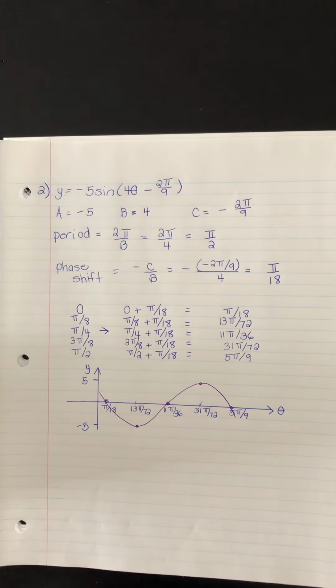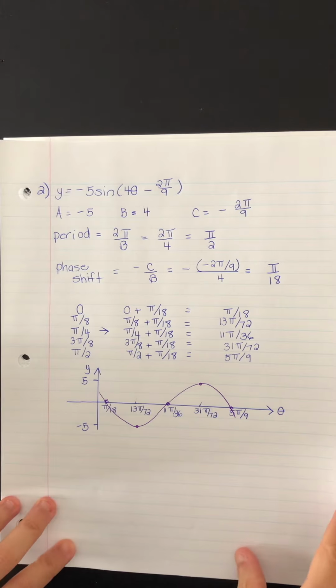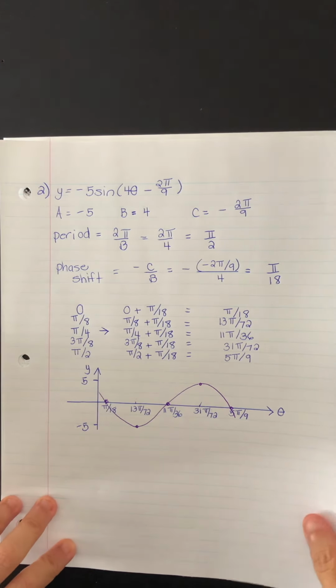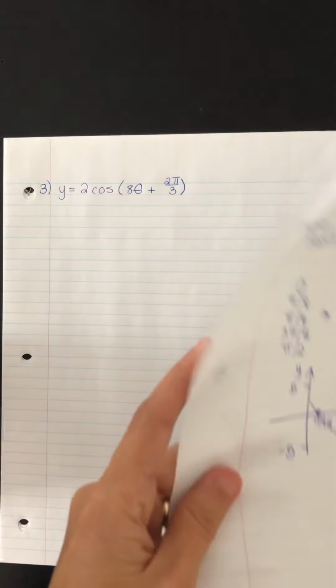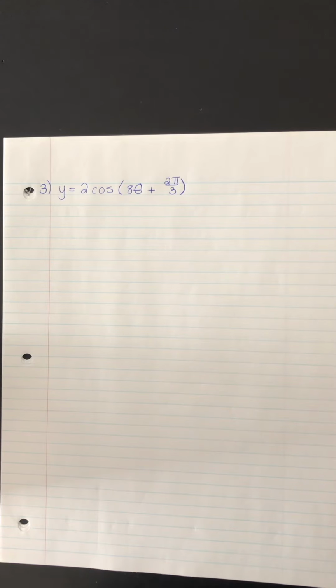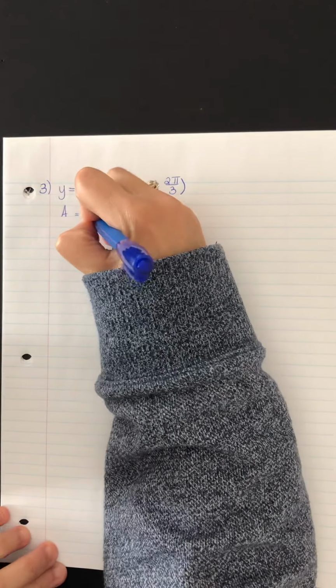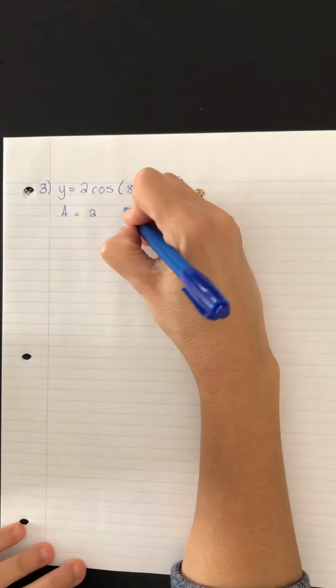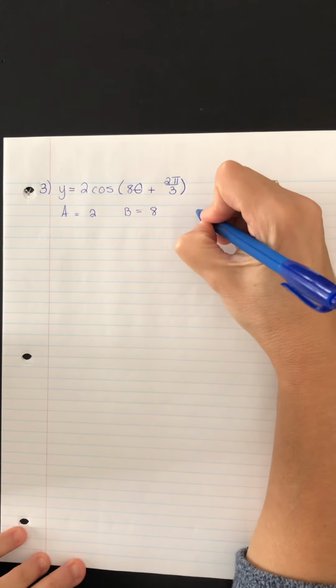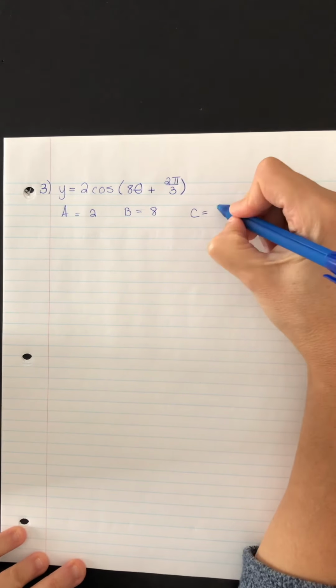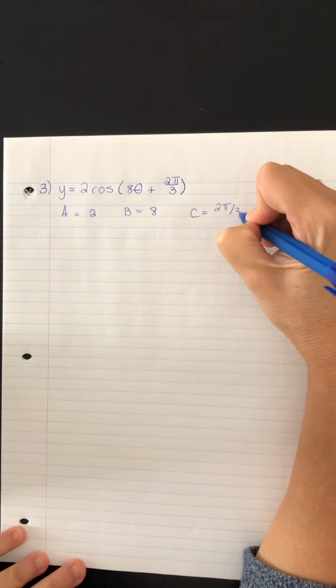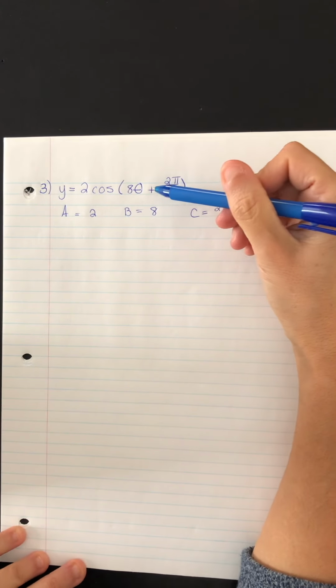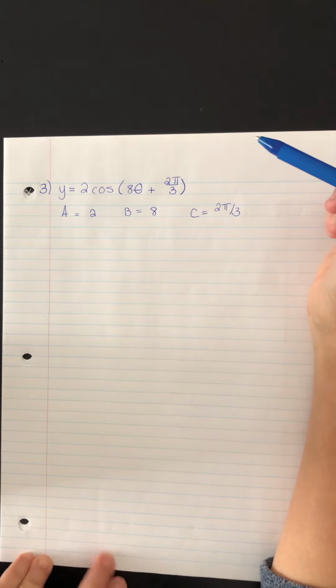I think we'll do one last one together because I know that this can be a little challenging with all these fractions. The last one you'll note is a cosine wave, but the whole process will be the same. A is 2, B is 8, C is positive 2 pi over 3. Remember, positive here means ultimately we'll be shifting to the left.